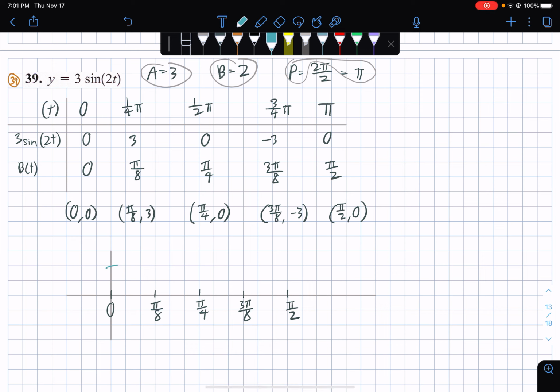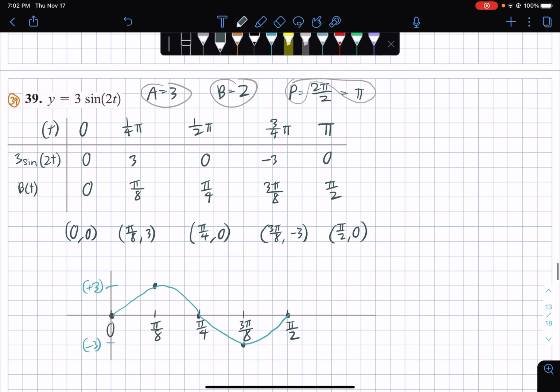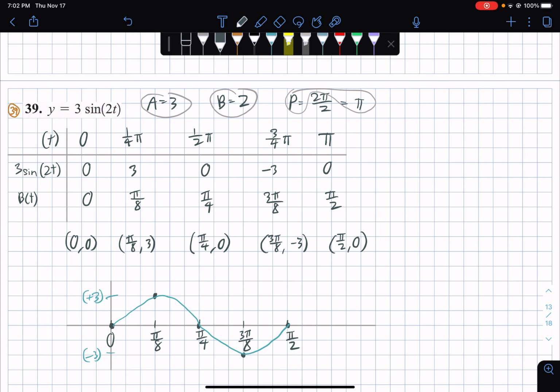The amplitude would be positive 3 over here, negative 3 below. Let's plot the points. There you go. Now we get it. That's number 39.